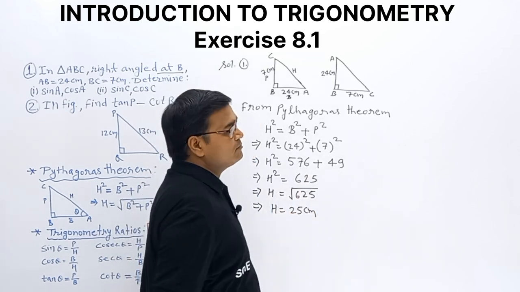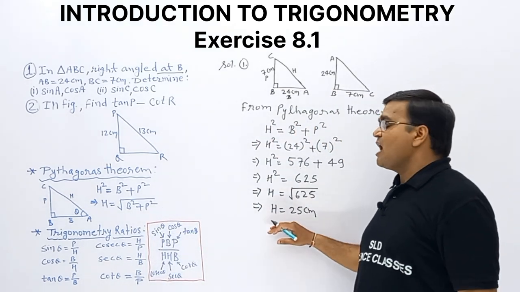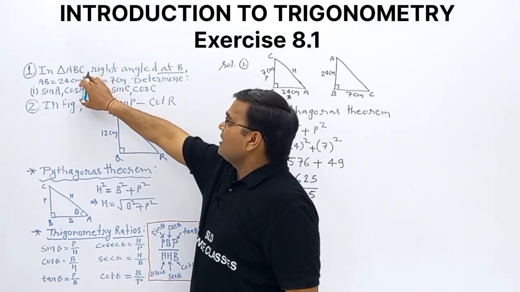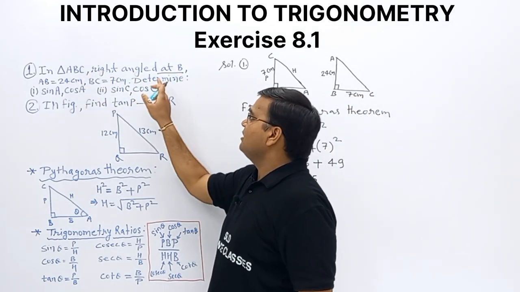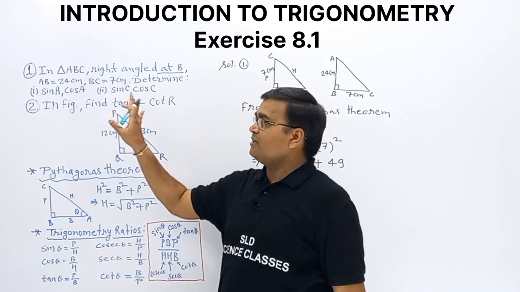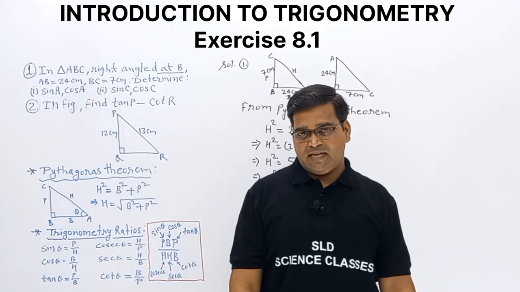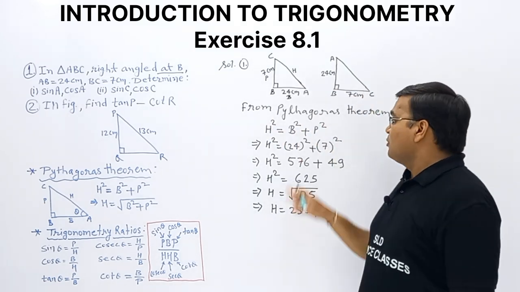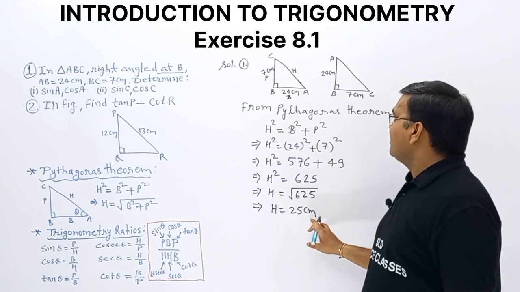It means we obtained the hypotenuse. Observe, in the right triangle ABC, right angle at B, AB given, BC given, determine, we will discuss later. But AB and BC, two sides of a right triangle, we are having. One side is remaining. How are we finding it? From the Pythagoras theorem. Clear? This is the remaining side.